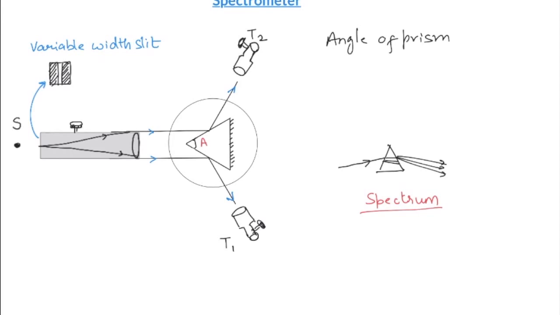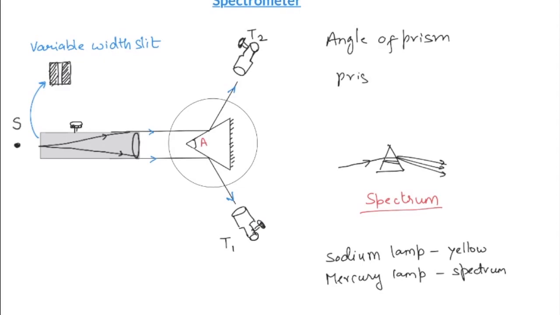If we have a sodium vapor lamp, then it has only yellow light, so you will see only yellow color. If you have a mercury lamp, in that case you will see spectrum of colors. Grating has higher resolving power with respect to this. So spectrometer can be used with either prism or with grating.